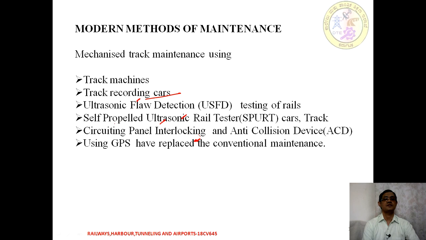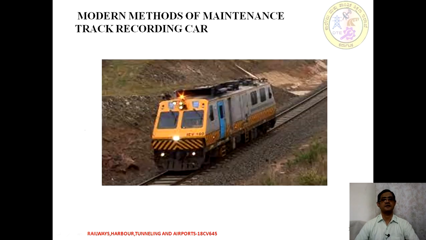Next is USFD, that is ultrasonic flaw detection machines for testing of rails, that is for the welding. Next is the self-propelled automatic rail tester, that is SPVT cars. Then track circuiting panels, anti-collision devices, use of GPS, which have replaced some of the conventional maintenance methods.